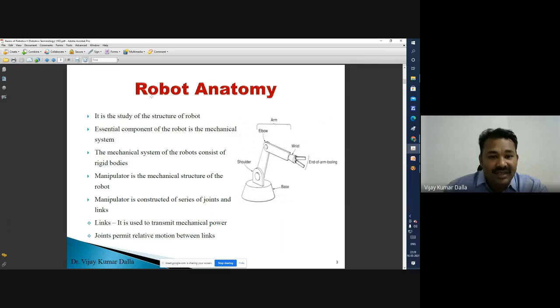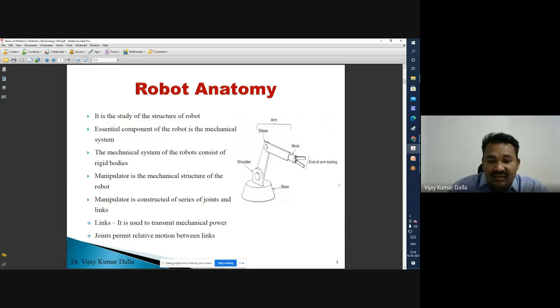Robot anatomy is the structure of the robot, in which the essential part is the mechanical system. The mechanical system consists of rigid bodies. The manipulator is the mechanical structure of the robot, and it is constructed of a series of joints and links.